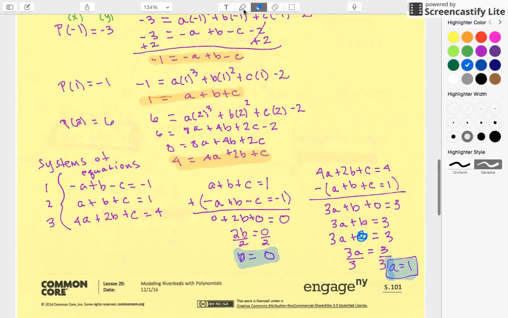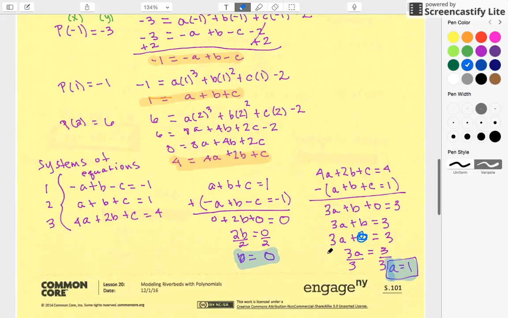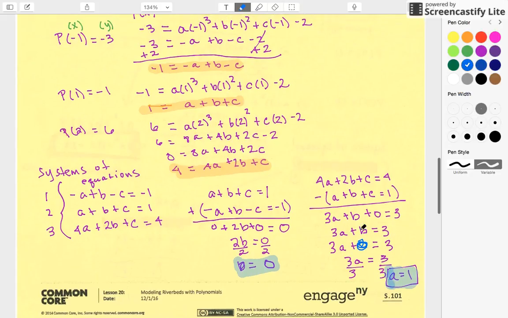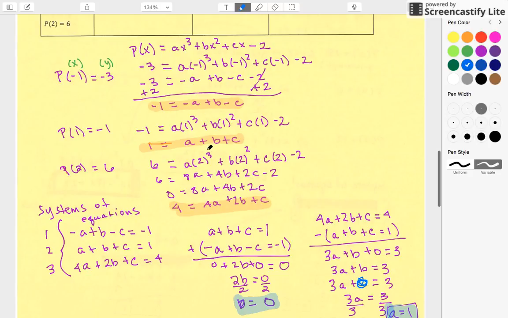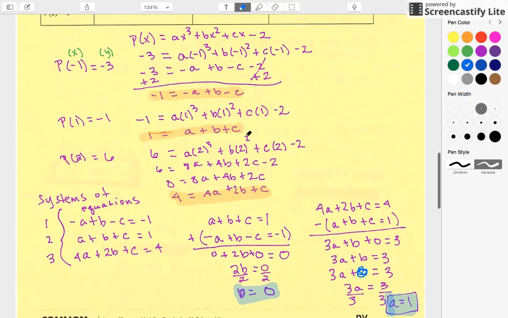Now that we only have c to find, we can substitute 0 in for b and 1 in for a into any of the equations that we originally got up here. Since this one has no negatives, it looks easier to use. You can use any of these 3, but I'm going to use this one. I recognize that b equals 0, a equals 1.